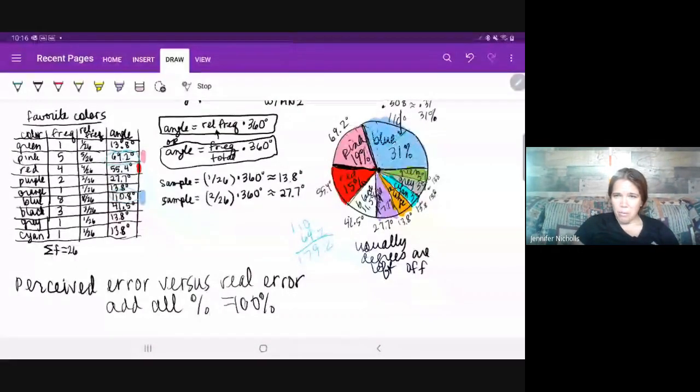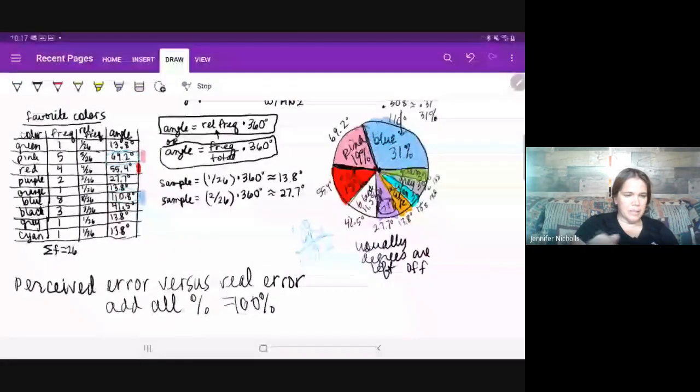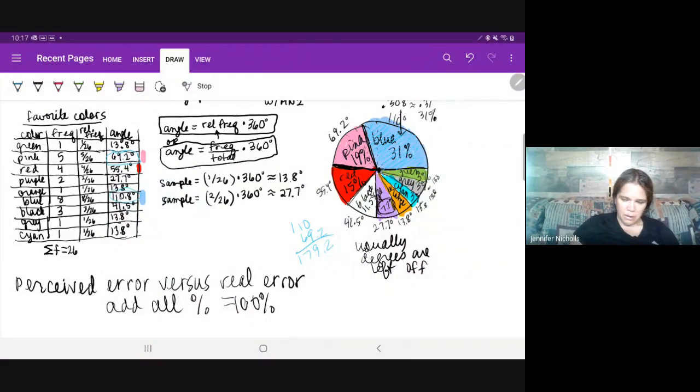So did I write one of these numbers wrong? Oh, I did. Do you see purple right here? I wrote 17 and not 7 when I typed it into the calculator. So my sum is 96.2%.